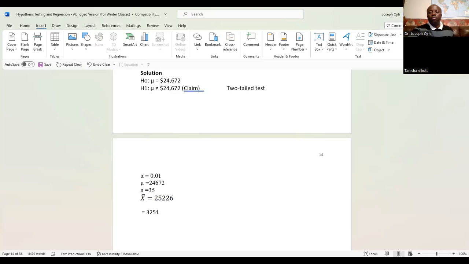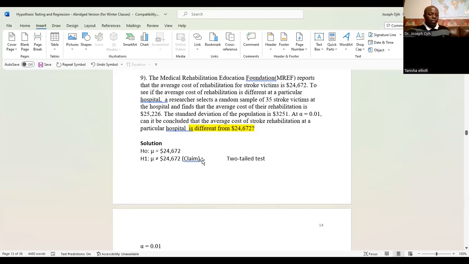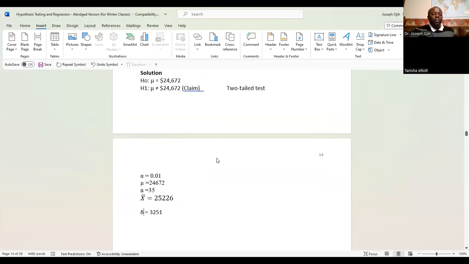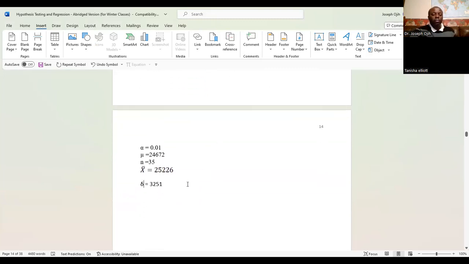It says, can it be concluded that the average cost of rehabilitation at a particular hospital is different from 24,672? So now let us find the critical value before we run the test.